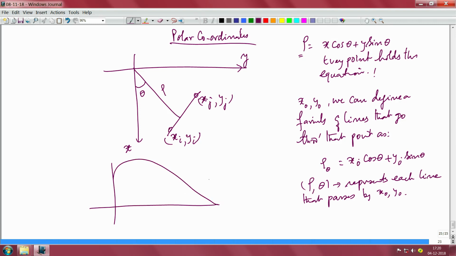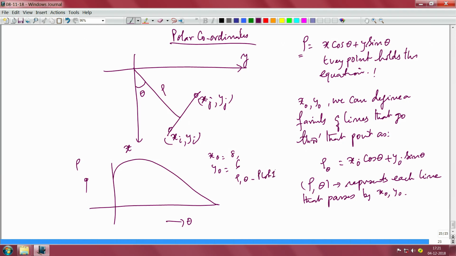This is essentially theta and this is essentially rho, and we get a sinusoid. For instance, you put x naught as 8 and y naught as 6, and you get a plot in the rho theta plane, call it plot 1.